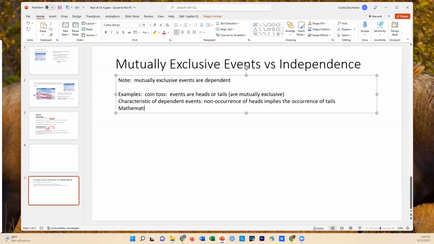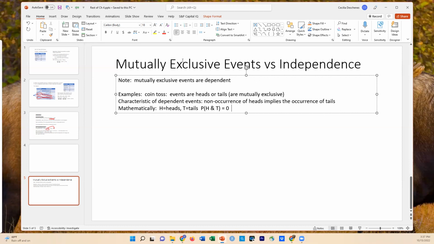Mathematically, let H be the event of getting heads and T the event of getting tails. The probability of heads and tails is equal to 0.